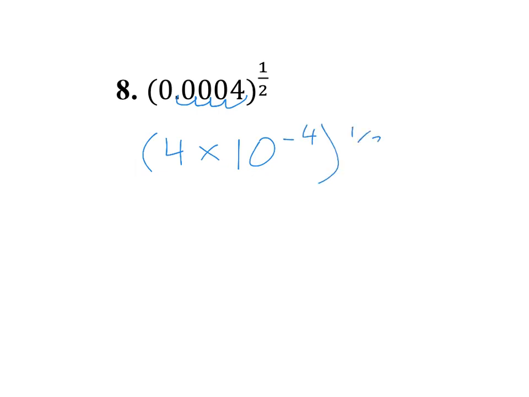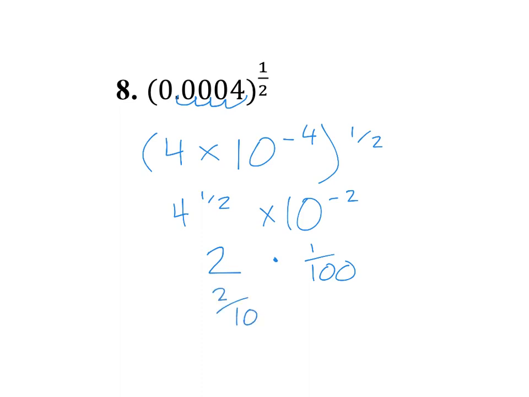We want that raised to the power 1/2. 4 to the 1/2 times 10 to the negative 2. So 4 to the 1/2 is 2. And then 10 to the negative 2 is 1 over 100. So this is 2 over 100, which is 0.02.